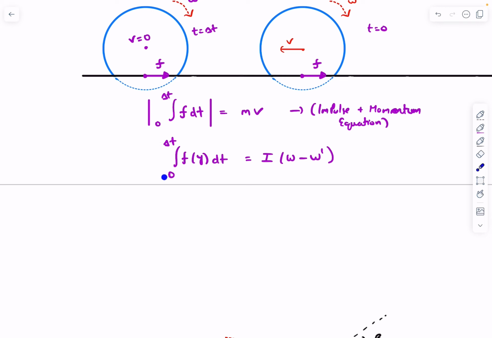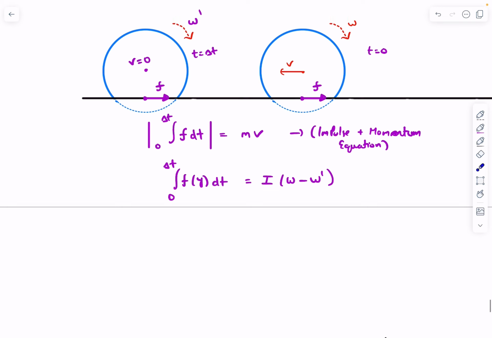If this equation confuses you, then all you can do is write the equations with k cap and minus k cap. For example, the angular impulse of friction, if you do r cross f, will come out of the page, right? So maybe put a minus k cap with this, and omega is in the k cap direction.